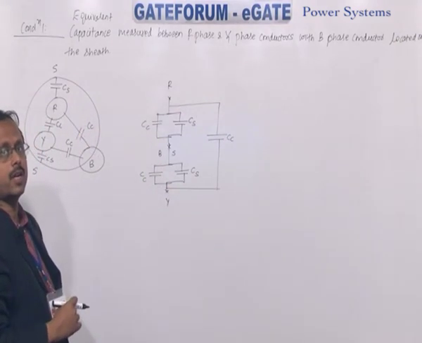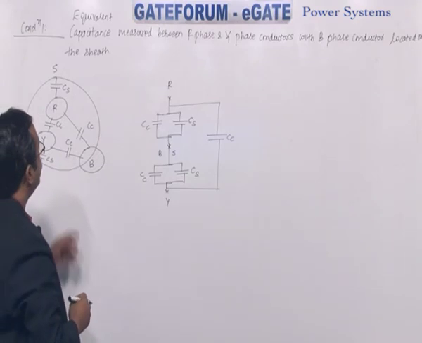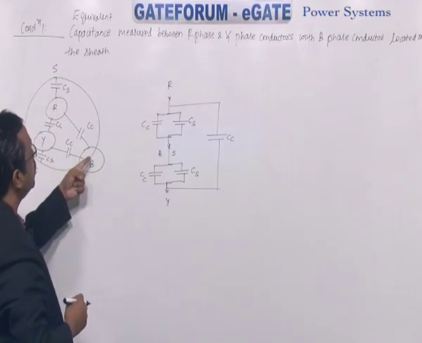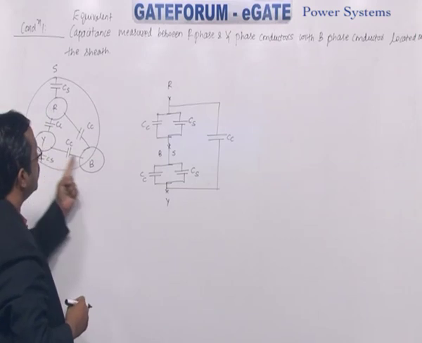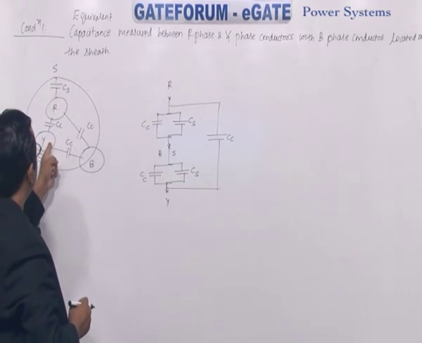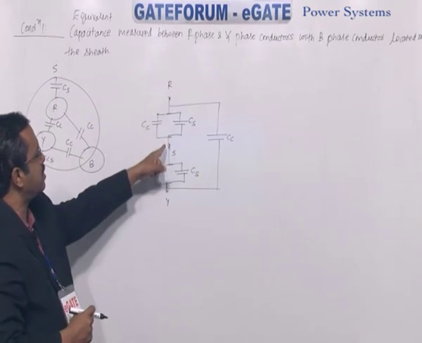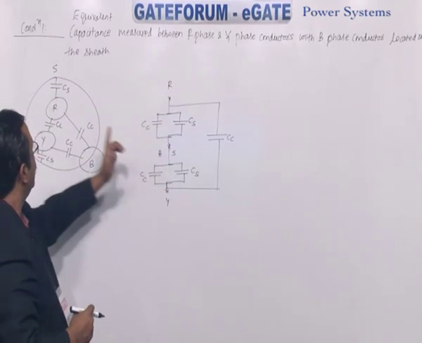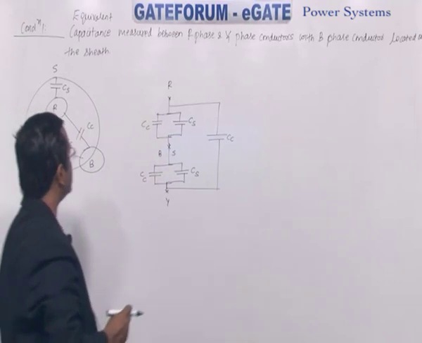So this is the equivalent circuit. So you have between RB, CC, YB also CC here. R sheath CS, YS also CS only. Between RY it is CC.